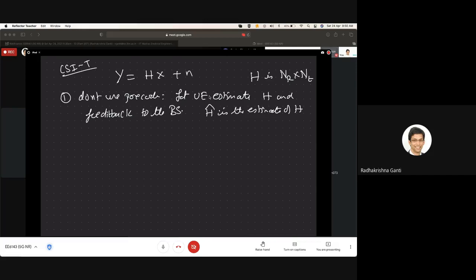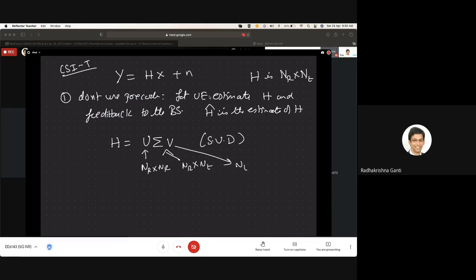Then what generally is done? I'm just telling you this as a fact. H is decomposed using something called SVD, singular value decomposition. U will be an NR cross NR matrix. Sigma will be an NR cross NT matrix.